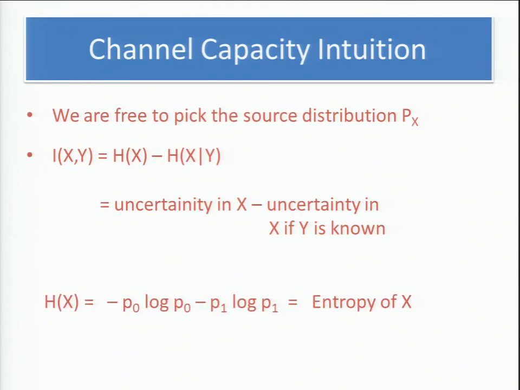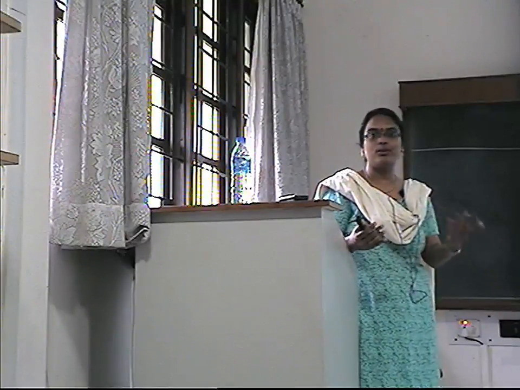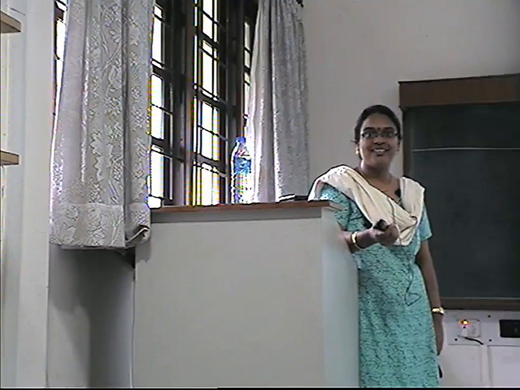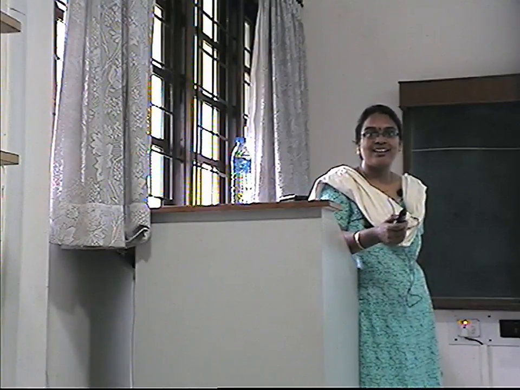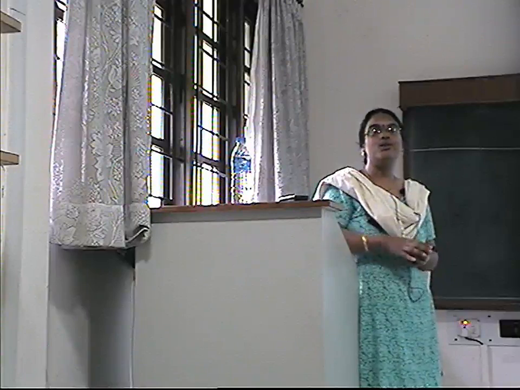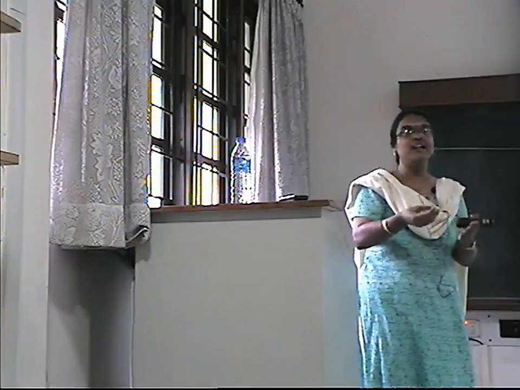So if X and Y are independent, does it mean capacity is equal to 0? Yes, of course. Because X is giving you no information about Y, and Y is giving you no information about X. So then the capacity is 0. I don't understand channel capacity. See, whatever you are transmitting, you assume that whatever you are receiving is related to that in some way.